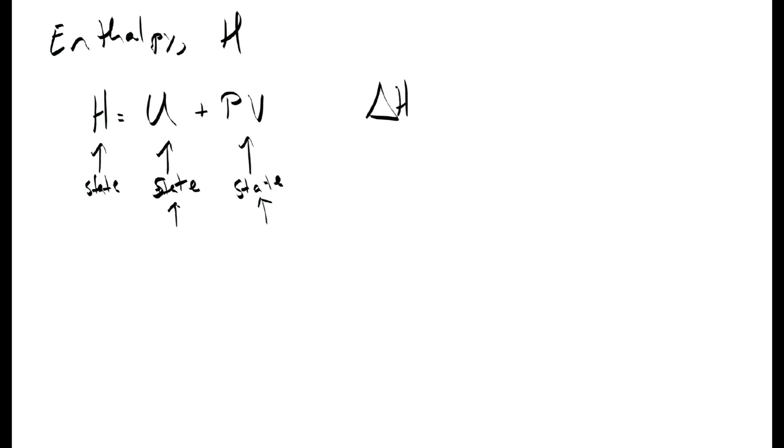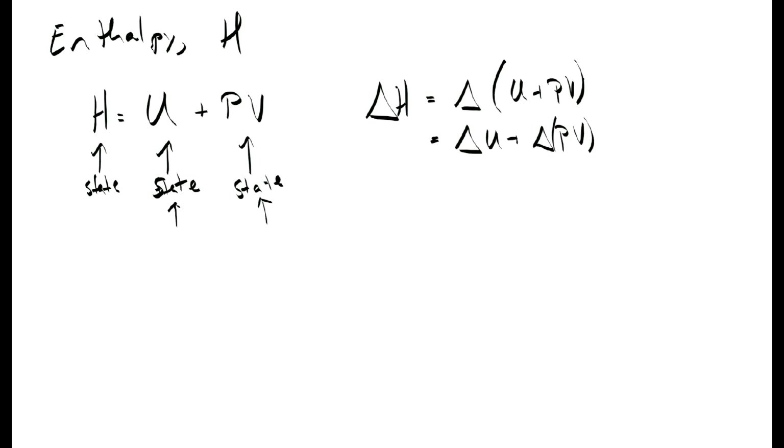Delta H, the change in the enthalpy of a system, is going to be the change in U plus PV. Now, U and PV are both state functions, so we can separate that, delta U plus delta PV. Now, let's go ahead and do something perfectly valid.